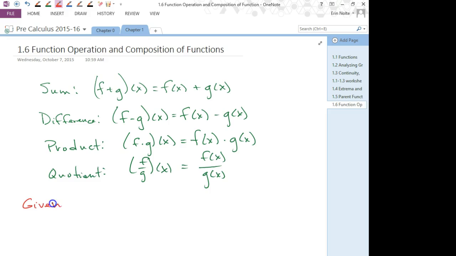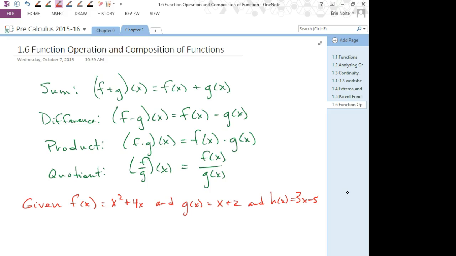So I'm going to do a couple examples. Okay, so I have written down three different functions.